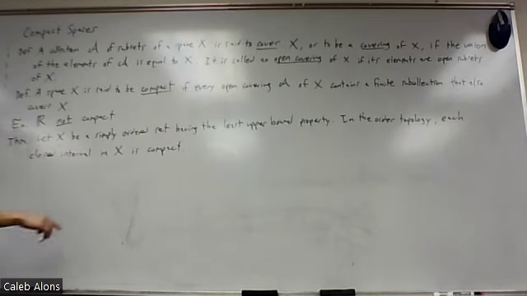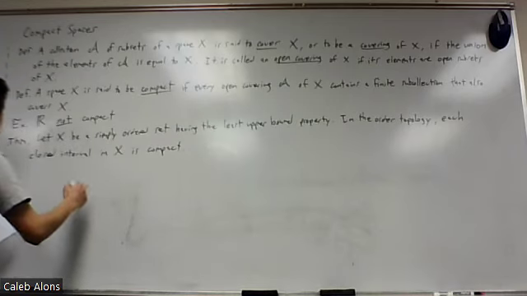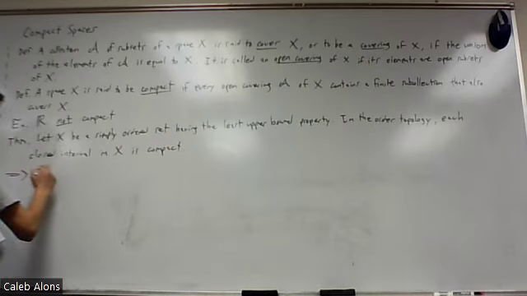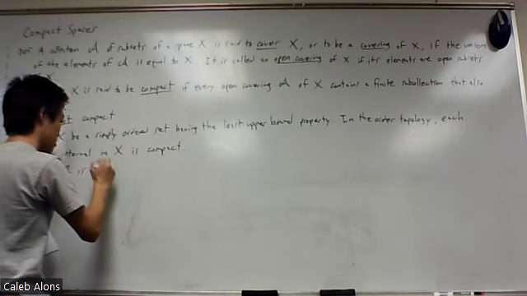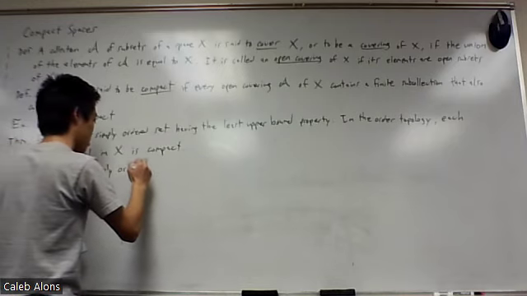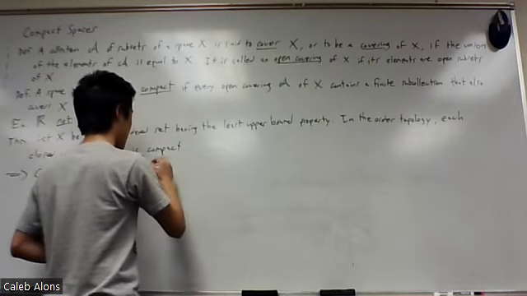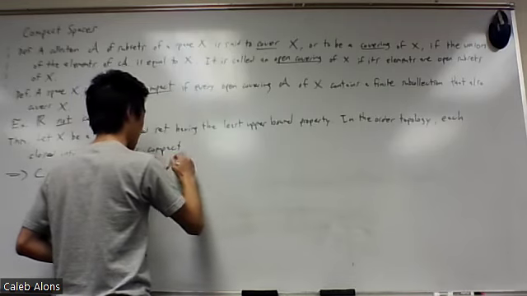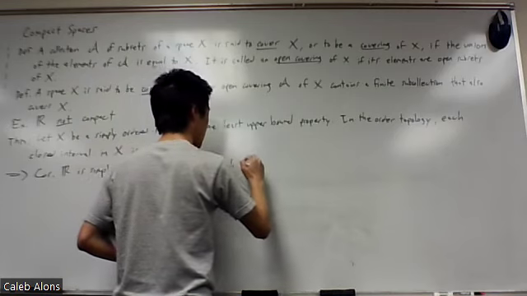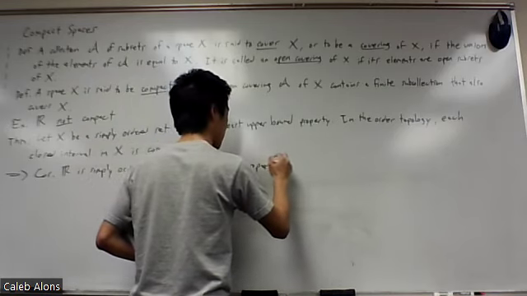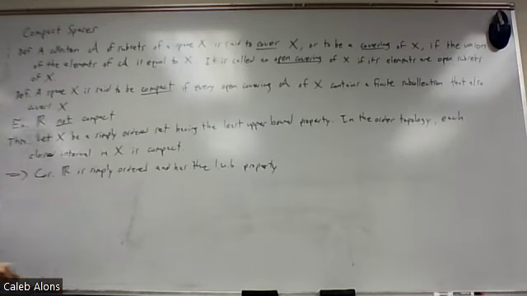So we'll do the proof, but basically what we're talking about here is eventually we'll apply this to a corollary that basically R is like X here. R is simply ordered and has the least upper bound property. So that'll be good to know because then we can say that all the closed intervals in R are compact.